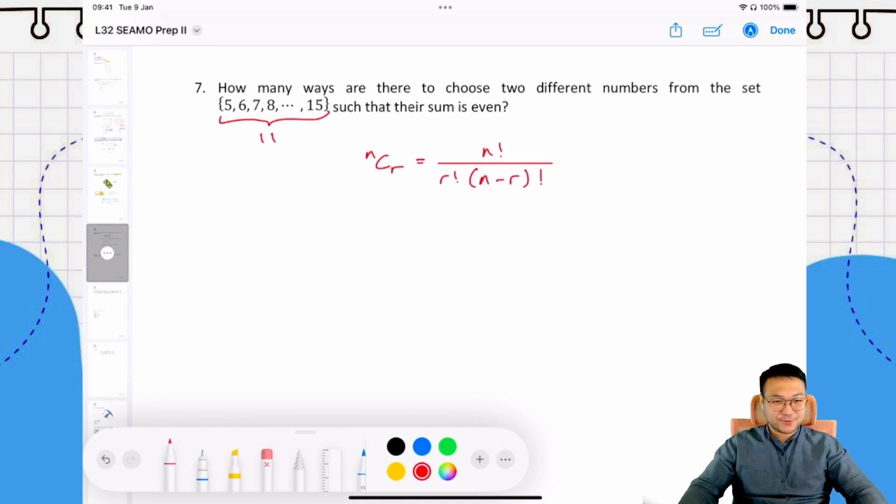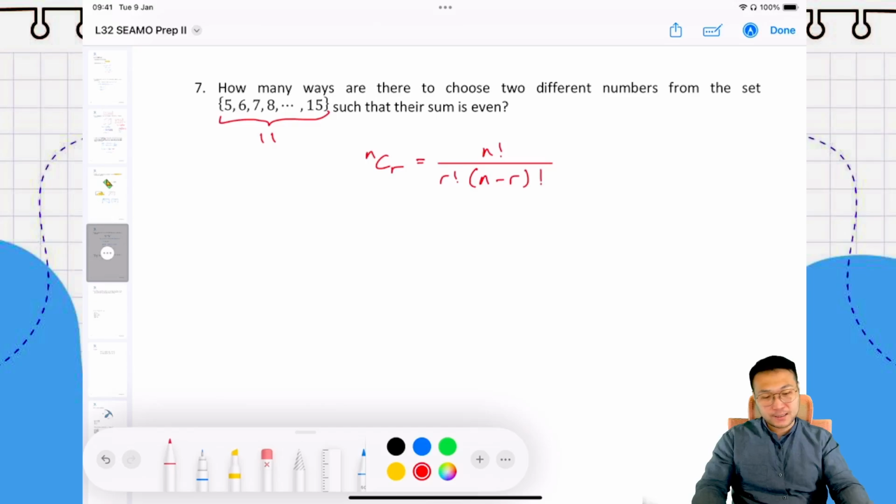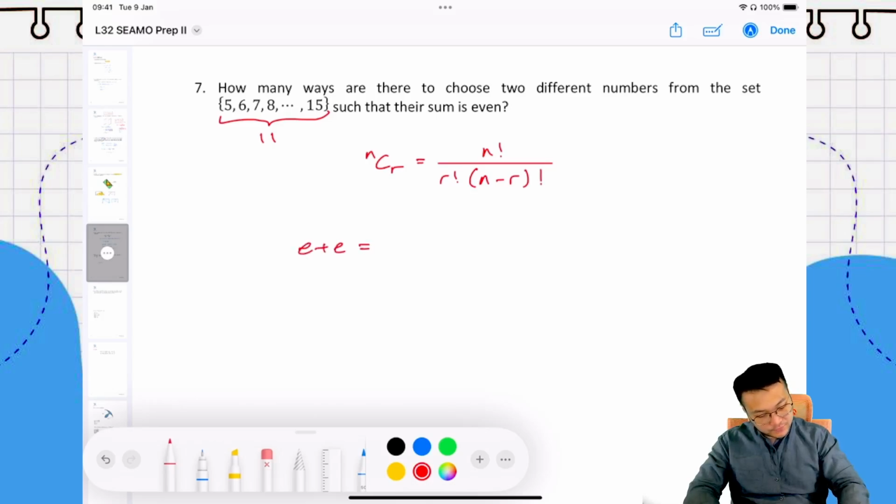Your time starts now. So Max, can you tell me how you are going to get an even number? What kind of numbers must you add? Yeah. Even. Very good. Even and even will give you even, and odd and odd will also give you an even number. Very good.